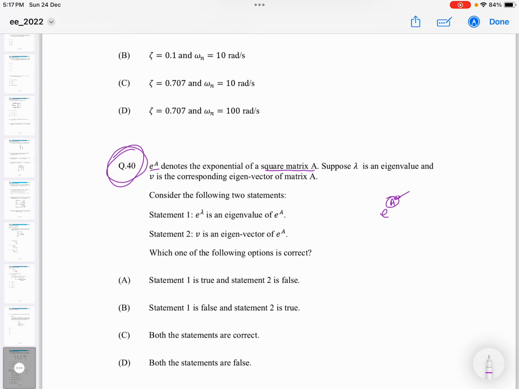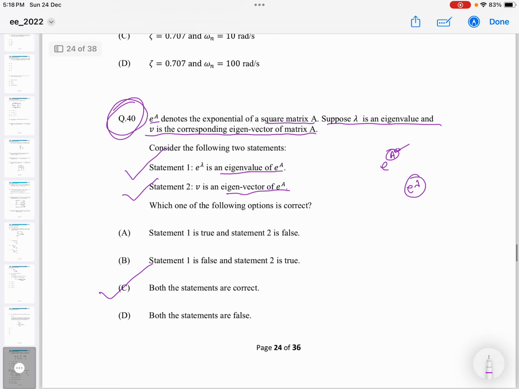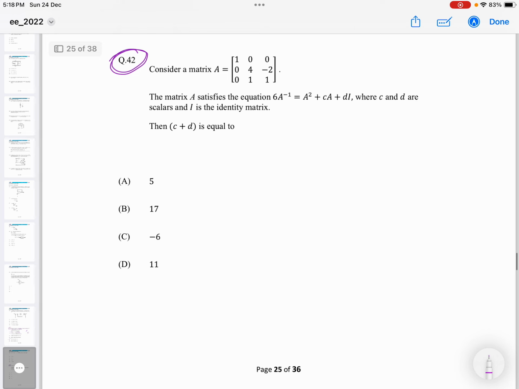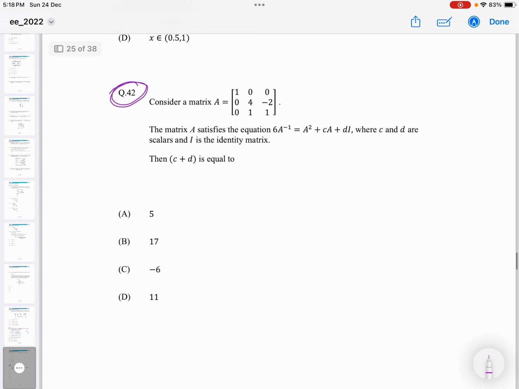Suppose lambda is an eigenvalue and V is the corresponding eigenvector of the matrix, then e to the power lambda is the eigenvalue of e to the power A. This is a correct statement, and V being the eigenvector is also a correct statement. So both statements are correct. I have solved a similar type of question in another paper, so you can look at that for the explanation.